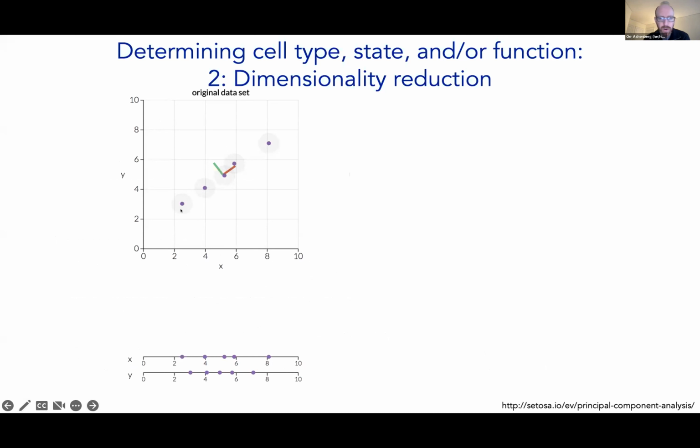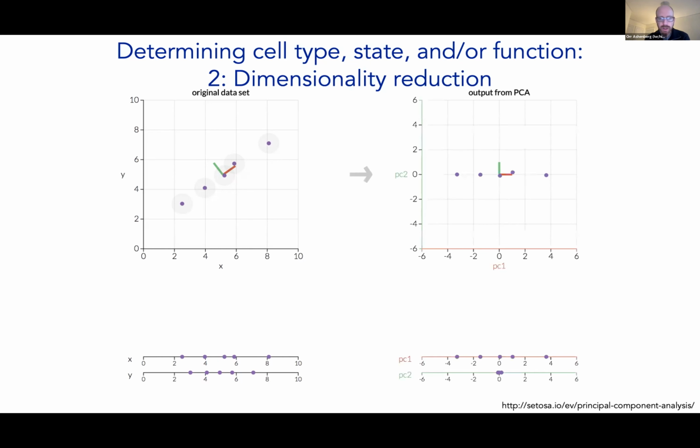So these 2 genes are very correlated. And so we can imagine that maybe they're turned on by the same transcription factor. And so every time gene X is on, gene Y is on. So ultimately, you don't really need to know the measurement of both gene X and gene Y. It's enough to know one or the other, and you can infer the expression of the other. So that's the intuition.